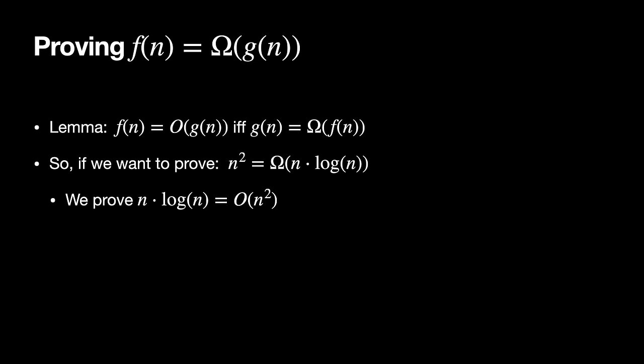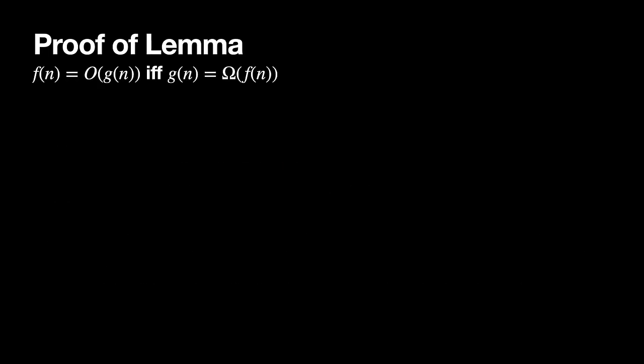So in order to identify a big omega relationship, we can fall back to what we already know how to do with big O. As an example, if we want to prove that n squared is in big omega of n log n, that is, n log n is a lower bound, always below n squared after some start point, we can juggle these around and say that n log n is in big O of n squared.